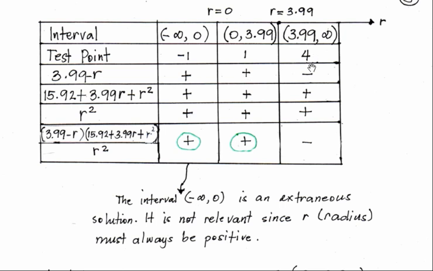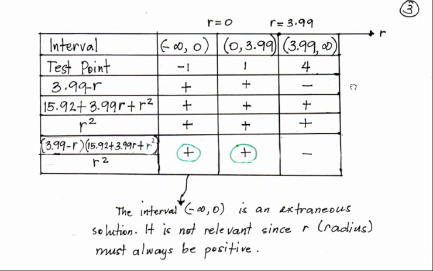Okay, then substitute this to the second factor in the numerator, so we get a positive value. Then 4, square that, positive. Then what is the sign of the first factor in the numerator? It's negative, times positive, that becomes negative, divided by a positive, it becomes negative.